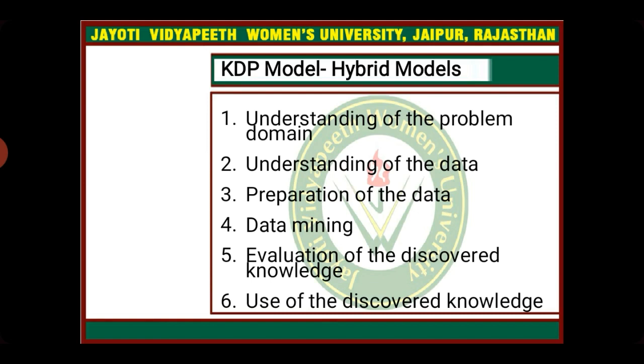The fourth step is data mining. Here the data mining uses various data mining methods to derive knowledge from preprocessed data. Evaluation of the discovered knowledge is the fifth step. Evaluation includes understanding the results, checking whether the discovered knowledge is novel or interesting, interpretation of the results by domain experts, and checking the impact of the discovered knowledge.